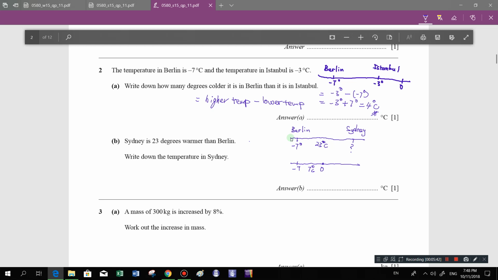So from 0 there are 16 degrees here. You add 16 degrees, this point should be 16 degrees C. So this is for Sydney, and this is Berlin. So the answer will be 16 degrees C.